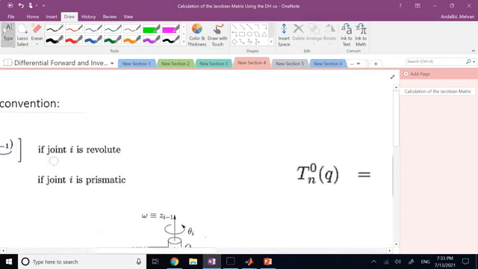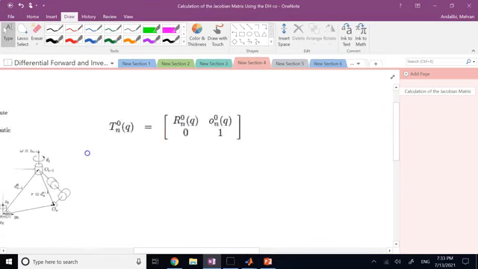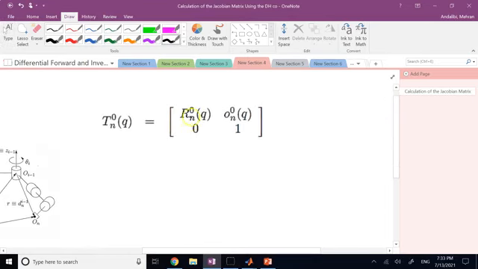If you remember, we were just talking about it. This T of n with respect to 0 gives you the rotation matrix and origin of the end effector in frame 0, but that's not the only T you can get from the DH method. You can also get T of any other joint or frame in frame 0. It's not just the end effector.